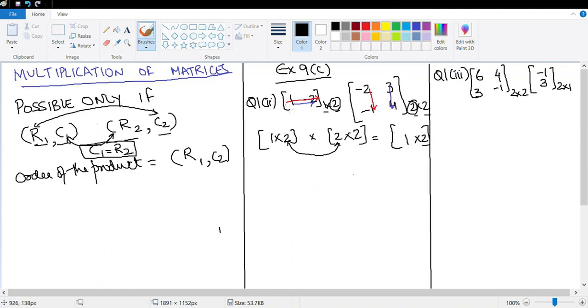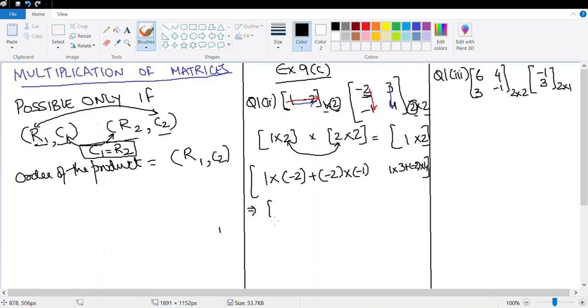So let's look at it. First term will be multiplied with the first term. Like I said, go horizontal and go vertical. So the first term in the row is multiplied by the first number in the column, plus the second term in the row multiplied with the second term in the column. Done. Next, 1 multiplied with 3 plus negative 2 multiplied with 4.